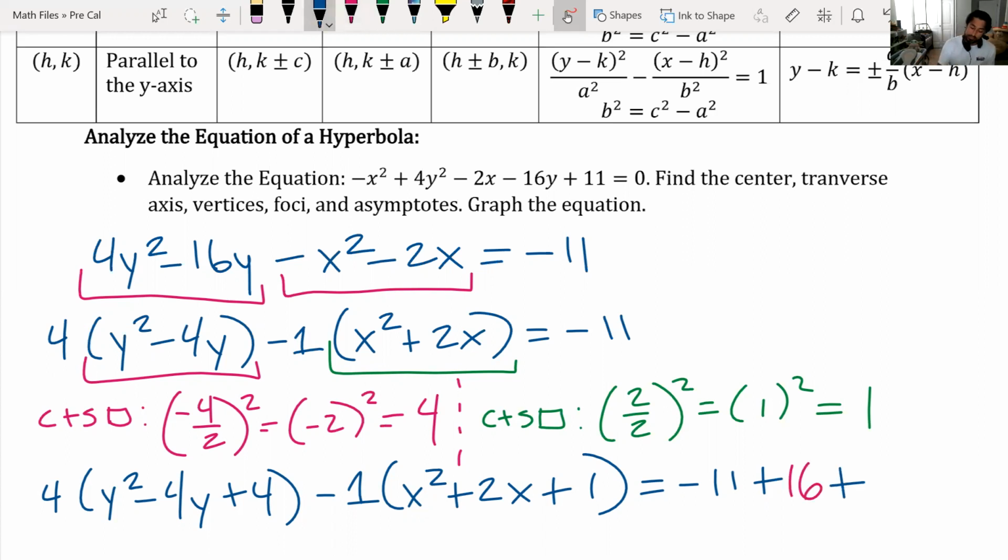Plus, and once again, it would be 1, but since there's a negative waiting out front, it's going to be negative 1.